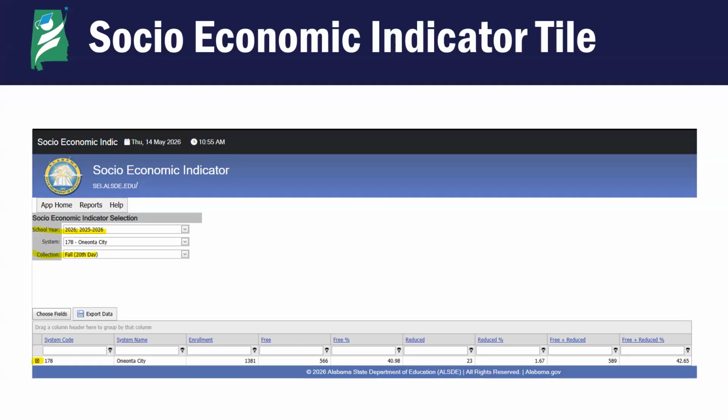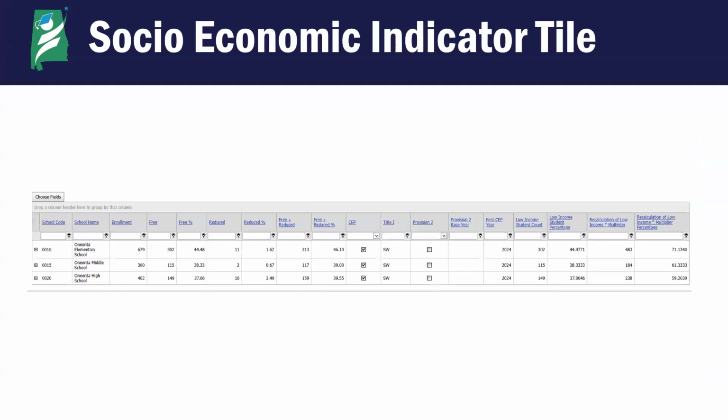And then you can see that it's going to pull up the district level information. Now you can see highlighted to the very left of the system code, there's a little box with a plus sign in it. In order to see your school level data, you're going to need to click on that little plus sign and give it a second to load, and then your school level data is going to drop down. And then you'll be able to see your data by school.